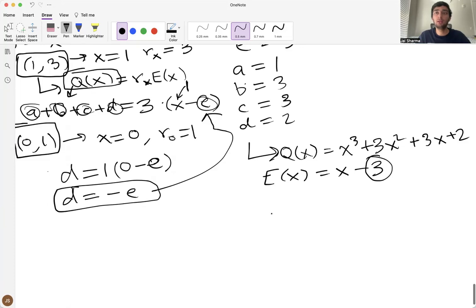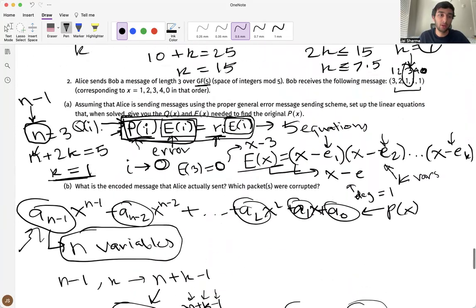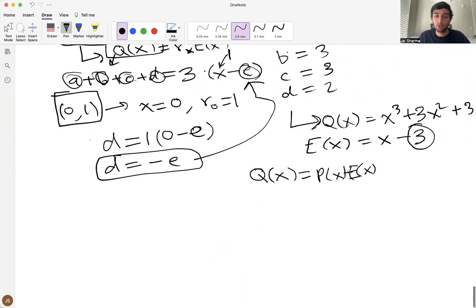And so we have to go back to what is the definition of Q. Q of x is supposed to be equal to P of x times E of x, and this is what we said up here. So Q of i equals P of i times E of i, right? But we want to solve for P of x. So what we do is Q of x divided by E of x.